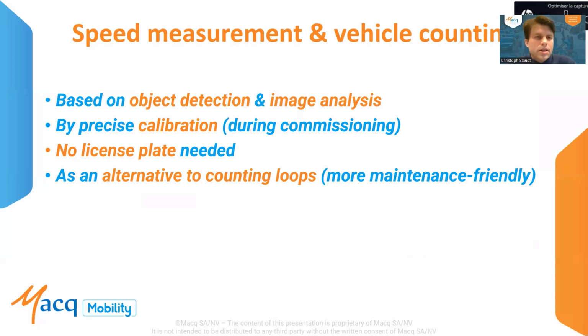And if you calibrate the camera very well, for example, during commissioning, you are able to have a very accurate speed measurement based only on image analysis, so without LiDAR or radar.